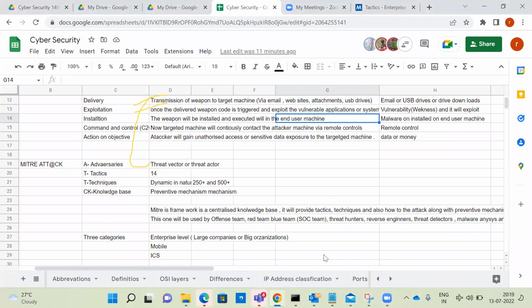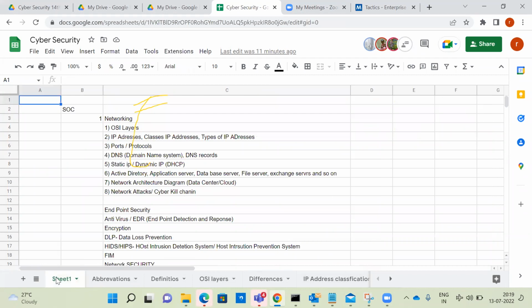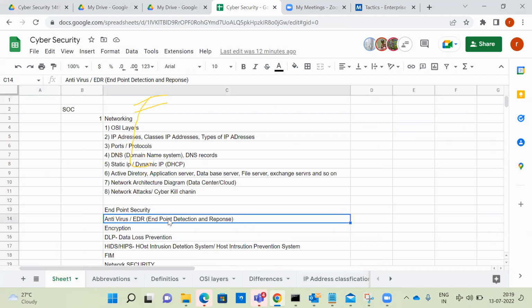It has advanced features. Sorry if you were not available from the starting classes. Here you can see under endpoint security, we have EDR. EDR means endpoint detection and response. It has advanced features. Traditional antivirus is different and advanced antivirus is different.